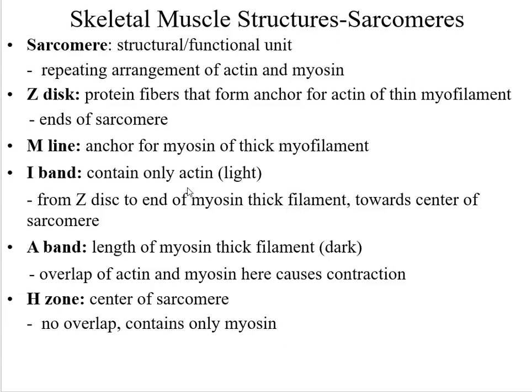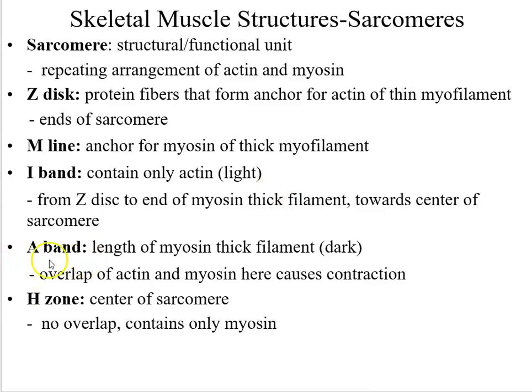So each I band is going to go into 2 sarcomeres, a little bit into one for one side of the Z-disc, and a little bit to the other side of the Z-disc into the next sarcomere. This is the part of the striations that appears light because we're talking thin filament, less protein. This gives us the light band, light stripe of our striations.